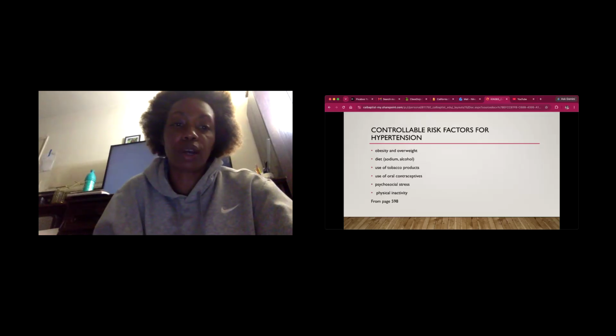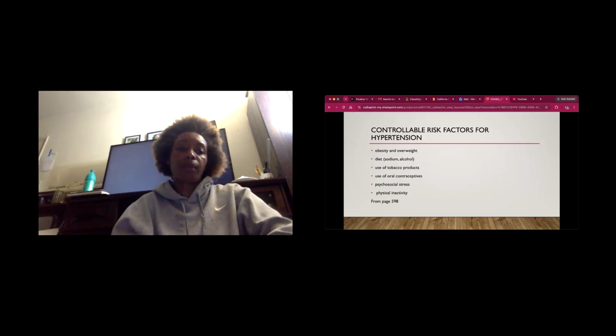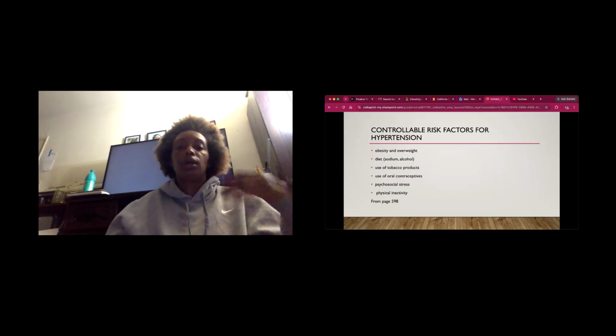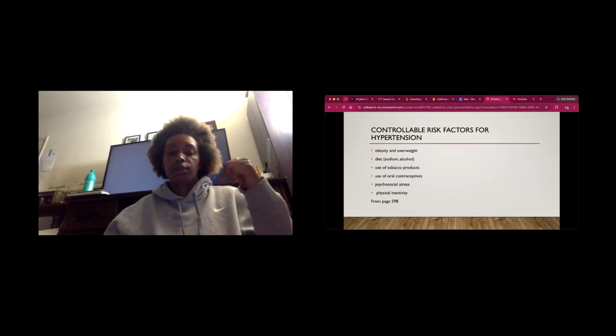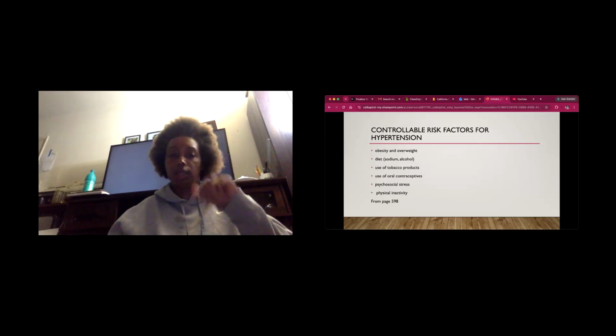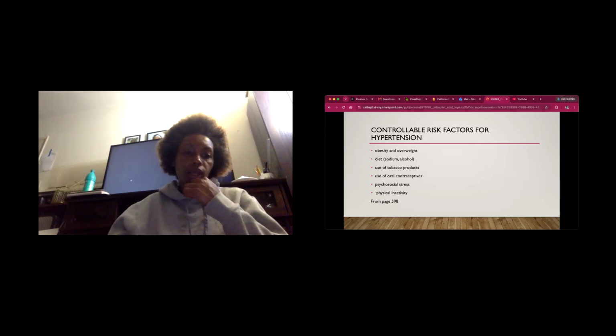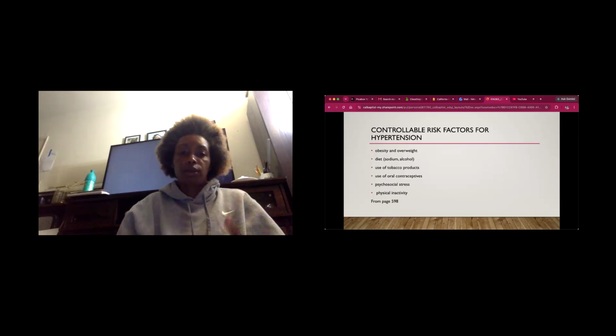Controllable risk factors for hypertension. According to the textbook, the primary controllable risk factors for hypertension include obesity and overweight, diet, which includes sodium intake and alcohol, use of tobacco products, use of oral contraceptives, psychosocial stress, and physical inactivity.